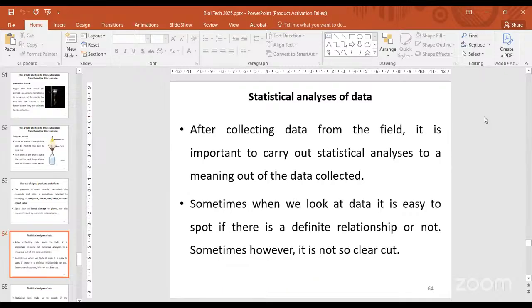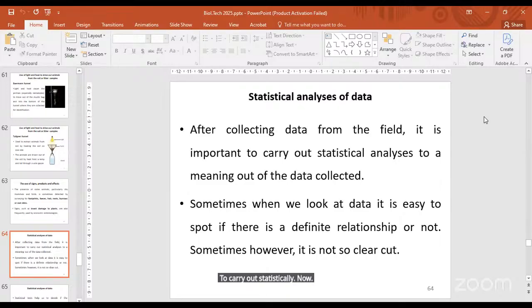After you have collected your sample, what's the next step? The next step is for you to come back to the lab and do statistical analysis, and then you draw your conclusions or your inferences from the samples that are collected. And that is why now we are talking about statistical analysis. Now, why is it important to carry out statistical analysis?